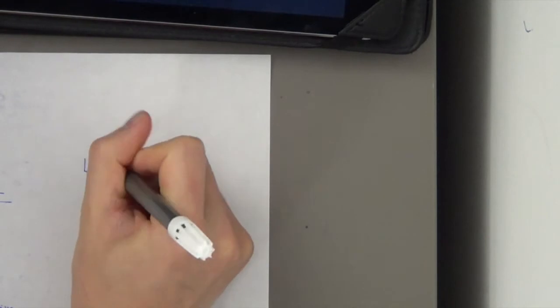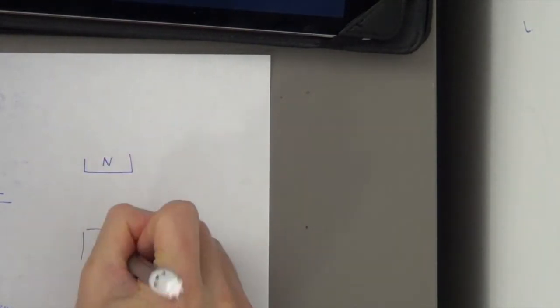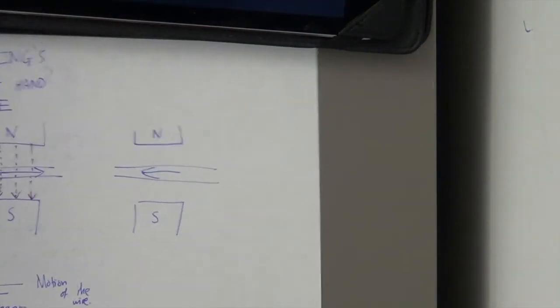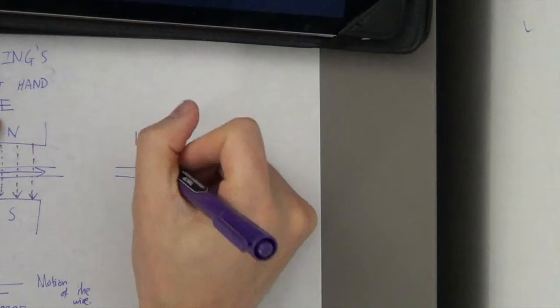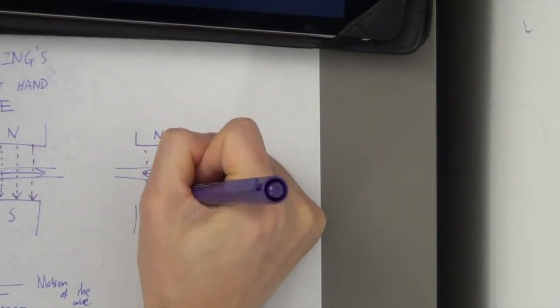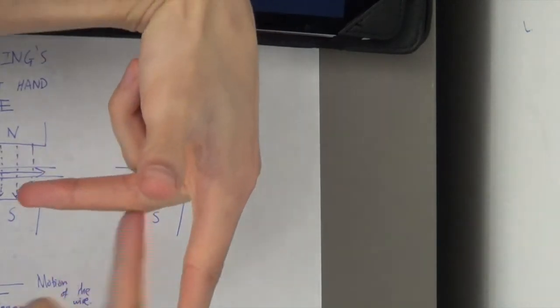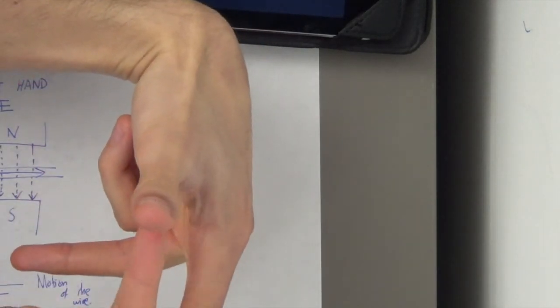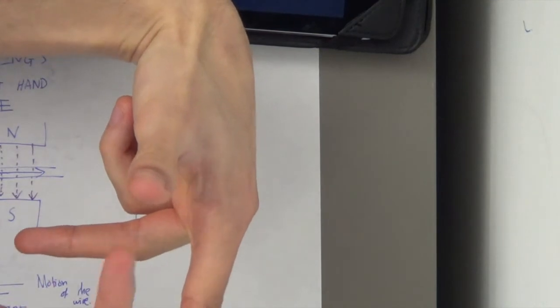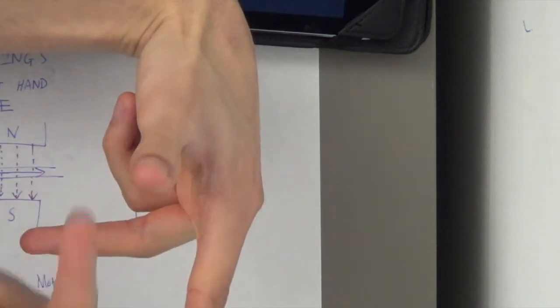Change of example. I'm now going to keep the magnetic orientation the same, however, the current is going the opposite direction. I'll draw the magnetic fields for you, north to south always. Now, left hand. North to south is down, current is my second finger, and notice the thumb is pointing towards the camera, out of the piece of paper towards you.